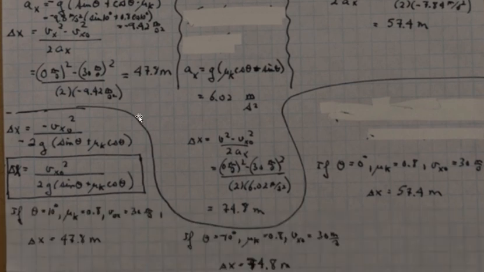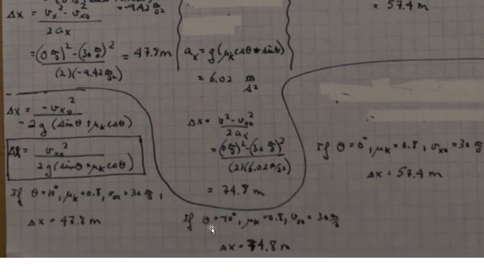If I'm going down the hill and I put theta equal to minus 10 degrees, well, okay, so cosine of minus 10 is the same as cosine of 10, but the sine of minus 10 is minus the sine of 10, and so you get the component of the weight parallel to the slope, and the frictional force either fighting each other or not fighting each other.